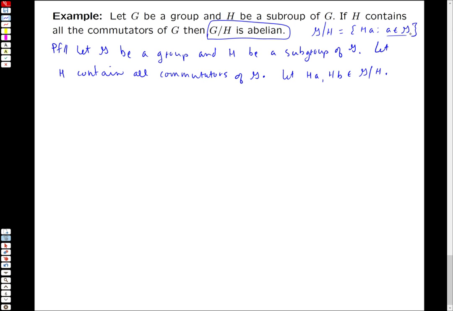So now we need to consider the product of them, right? What is Ha, Hb? We learned that in one of our theorems last time. It was on the quiz, if you recall. Yeah, it's Hab. It's actually from chapter 14, not chapter 15. But yeah, it's Hab.